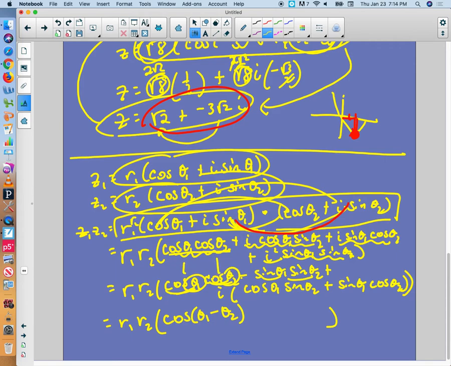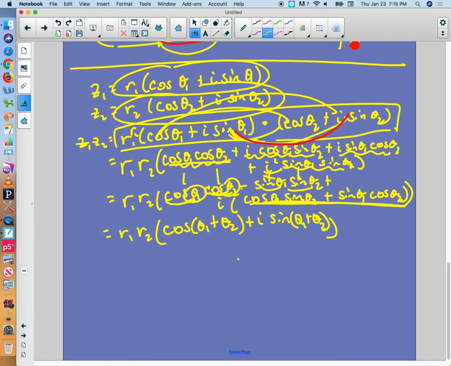Cosine A, cosine B minus sine A, sine B gives you cosine of A plus B. I don't have an A plus B here, but it's the same thing. Plus i times (cosine A sine B plus cosine B sine A). This is the identity for sine of your two angles added together, theta 1 plus theta 2.